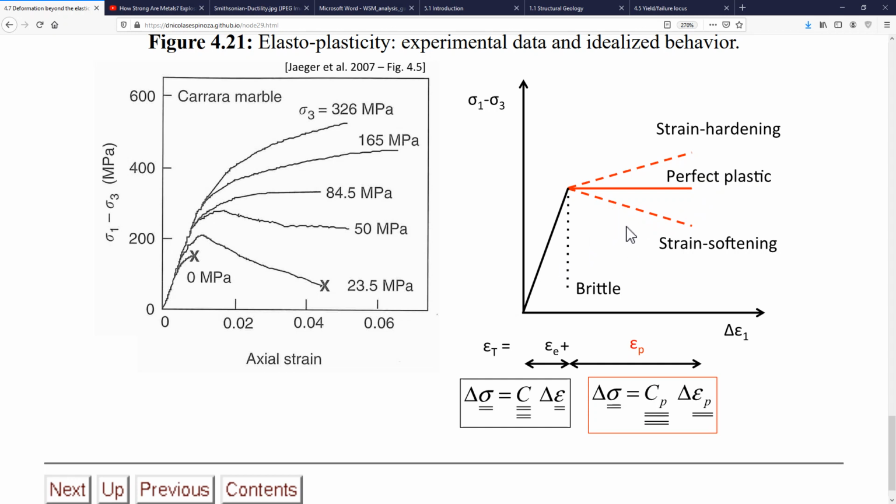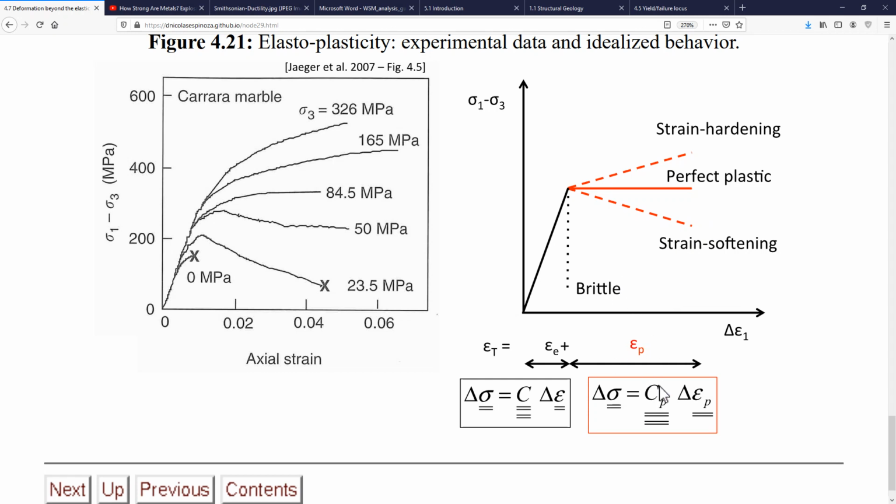A material that after reaching the peak decreases in strength is what we call a strain softening material, because as you increase the strain, the material gets softer, or you could say also weaker. And this is what we call a strain hardening material, because as you go over the yield stress value, the material gets stiffer, well, not actually stiffer, but it gets stronger and stronger. This is a material which is strain hardening.